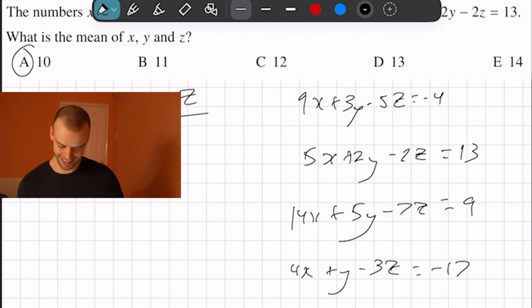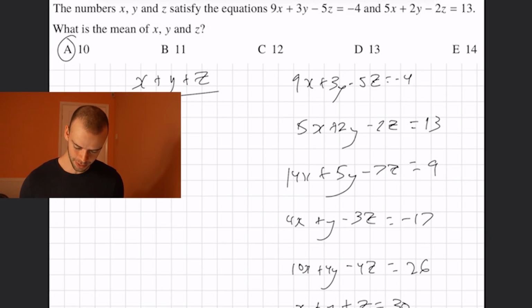Okay, so I kind of just did that by trial and error, right? I sort of added these equations together and subtracted the equations. Let's have a think back at what I actually did there. So I started with adding the equations to get this. And then I subtracted this equation from this equation to get this.